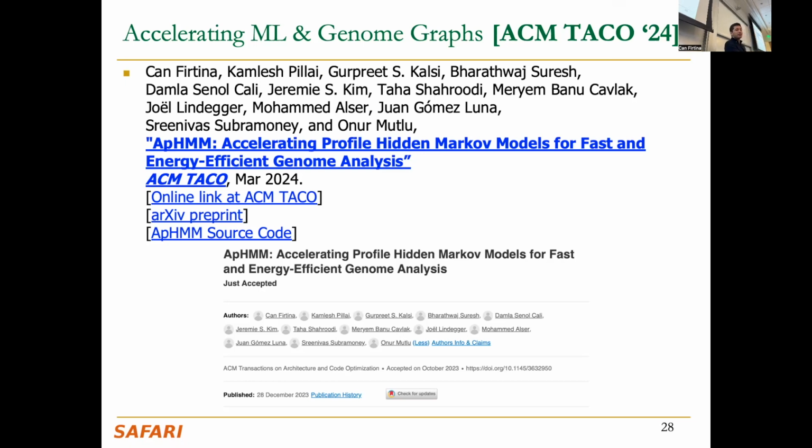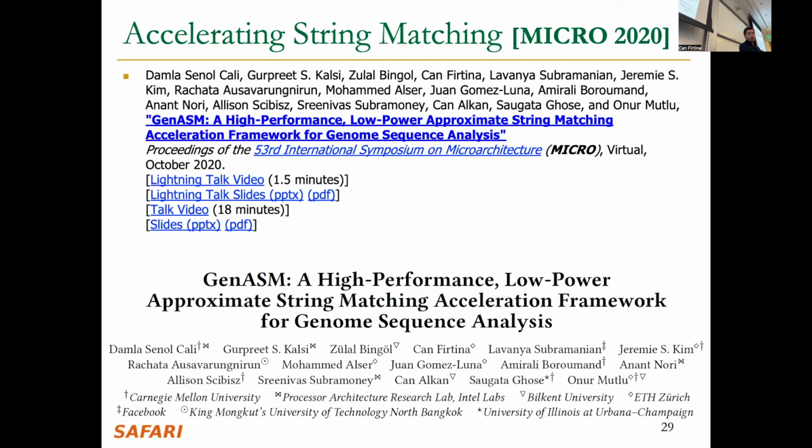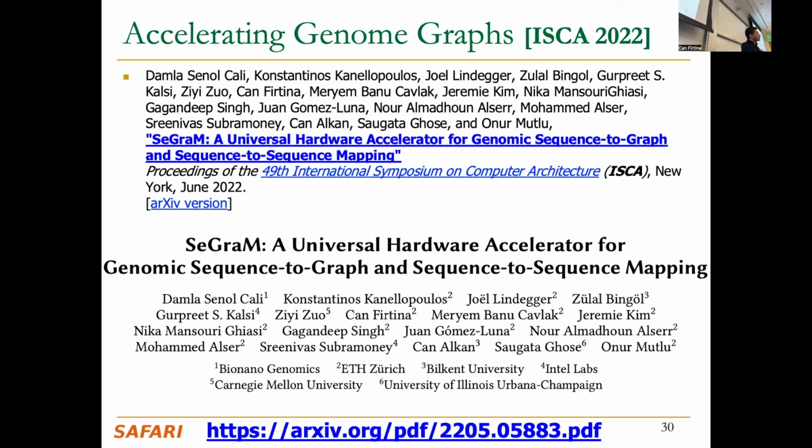And then we co-design algorithm and software together. This paper was published in ACM TACO just a few months ago. And also, of course, we co-design particular software and hardware. For example, this is for approximate string matching. And this is for sequence-to-graph alignment.